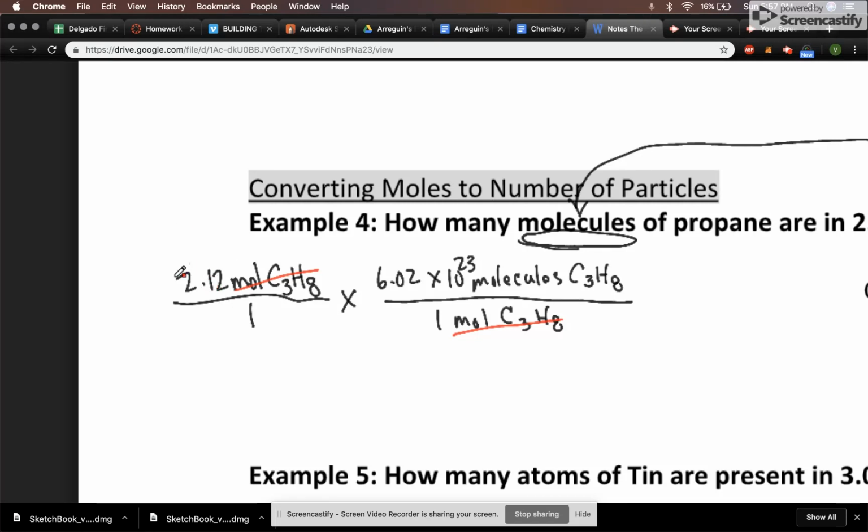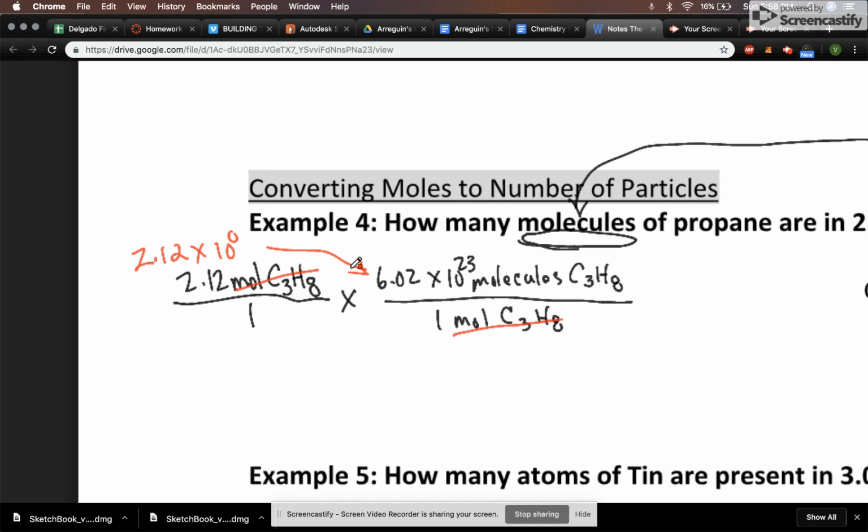Here we have a simple regular number, and here we have a number in scientific notation. The way we do this is the same. We could rewrite this as 2.12 times 10 to the 0 power, because that's essentially what this is, if we were to write it in scientific notation. Now we can do the multiplication even easier.